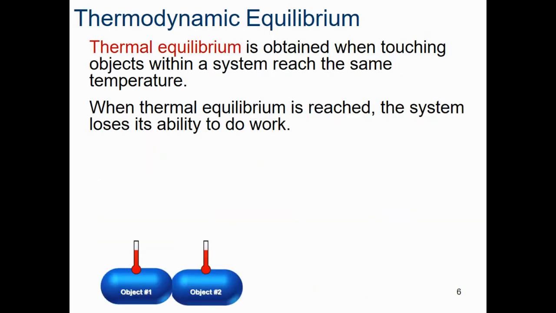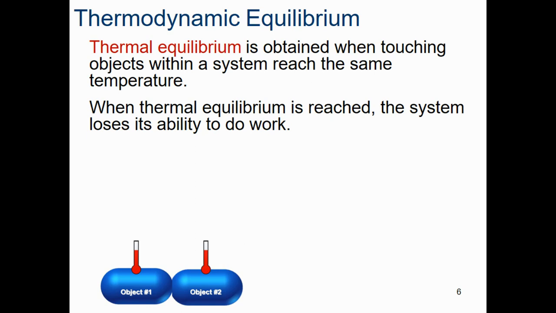All right, so thermal energy is the transfer of energy from areas of higher temperature to areas of lower temperature. Again, it's for the transfer between having a difference between two objects.